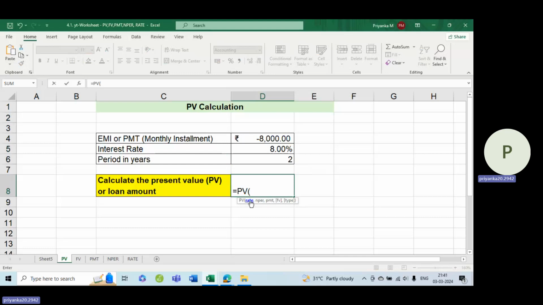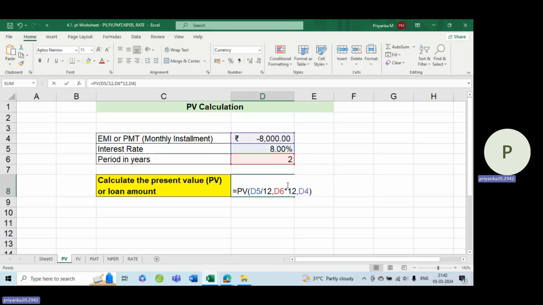First thing is going to be my rate, which is D4, my interest rate, divided by 12, comma, now the next thing is number of periods, 2 into 12, comma, D4, this set. Just give enter.